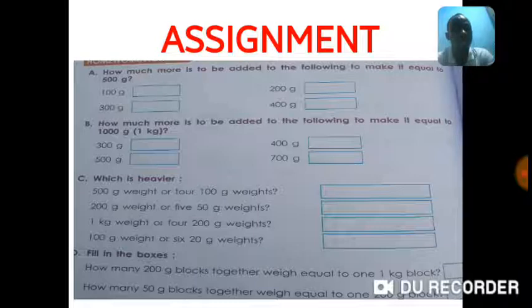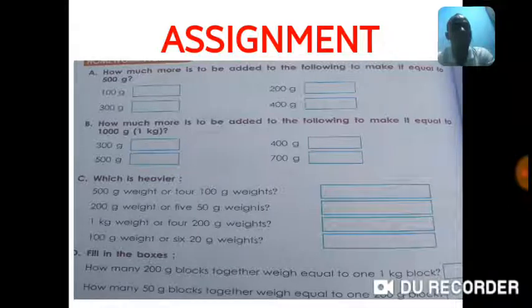Let me explain this a bit to you. With the first one, the 500 grams weight is compared to 400. That is 100 repeated 4 times, compared to 500 grams weight. Which one is heavier? You write it in the rectangular space provided over there.